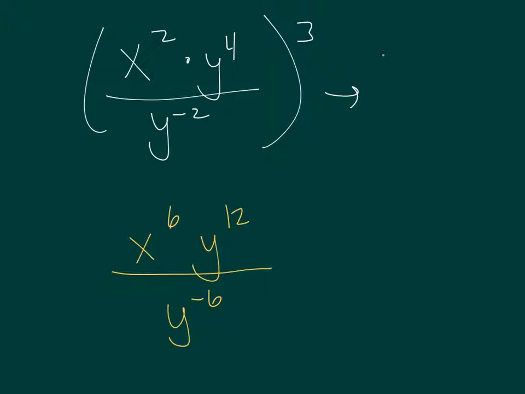I would think of it this way again. Okay, that's how I would write the first part. Times y to the fourth 3 times. Then what do you do if the question said with all positive exponents, Morgan?